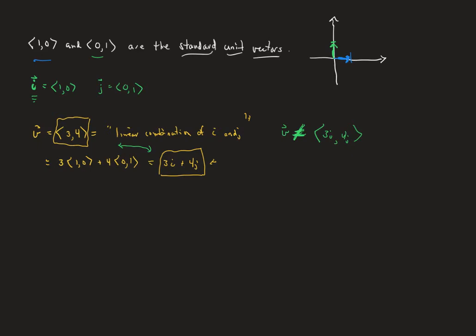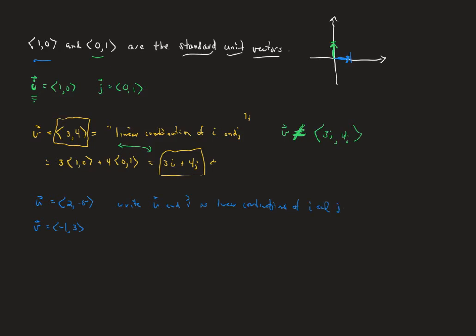Okay, so let's see if we can do some examples like that. So let's say u is going to be the vector 2, negative 5. And I'll say v is going to be the vector negative 1, 3. So can we write u and v as linear combinations of i and j?